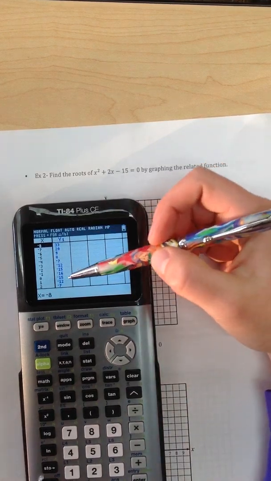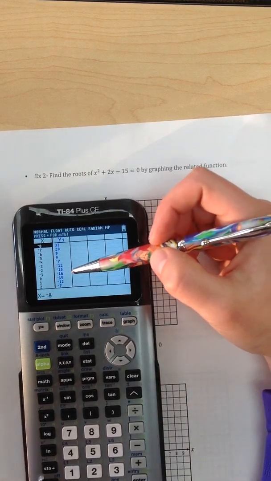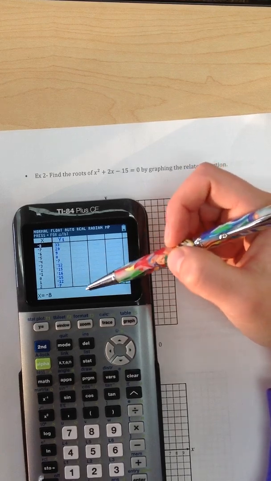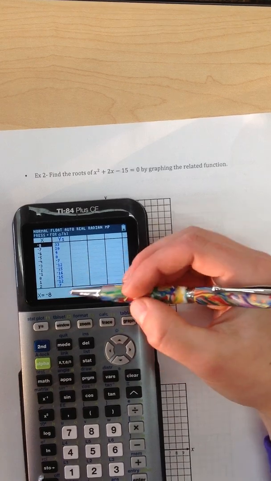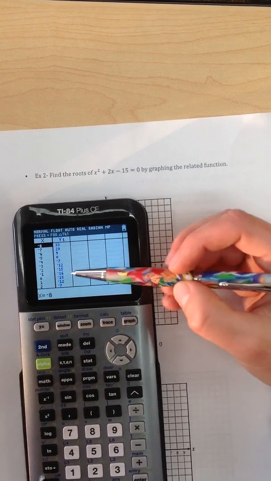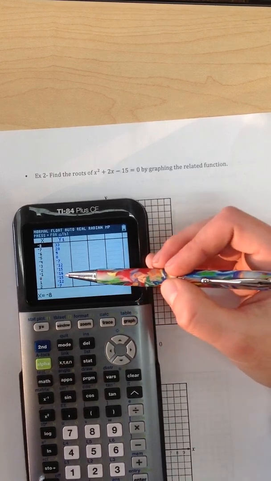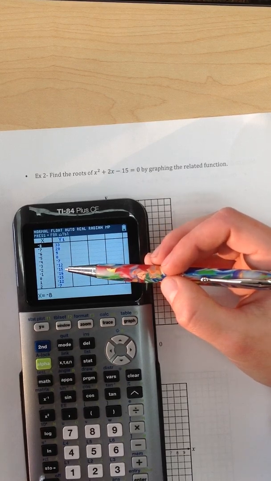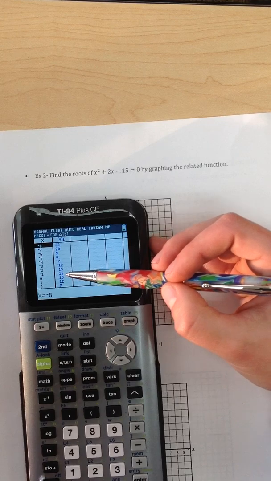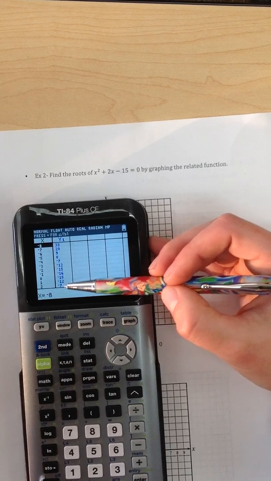Remember how we talked about looking for patterns, where one number kind of switches over and then does the pattern on each side. It looks like here -1, -16 is where our pattern switches, because above the -16 you have -15, then -12, and below the -16 you have -15 and -12.